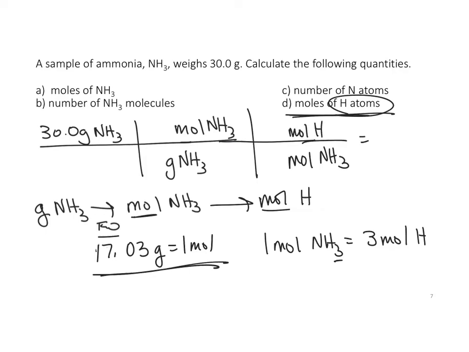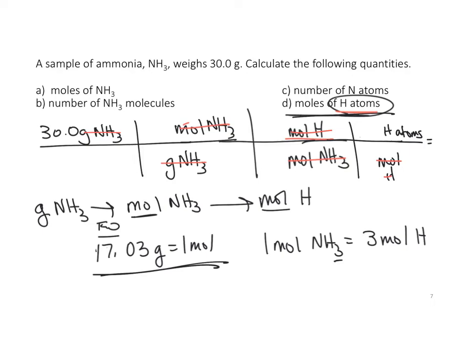Our units cancel out: grams of ammonia, grams of ammonia, moles of ammonia, moles of ammonia. We're left with moles of hydrogen atoms. Because it asks for atoms, they want Avogadro's number. So 1 mole of hydrogen equals 6.022 times 10 to the 23rd hydrogen atoms, and you can cancel that out because that's the same thing.